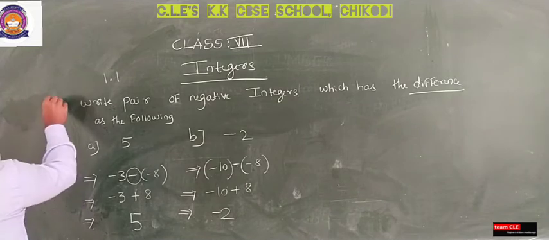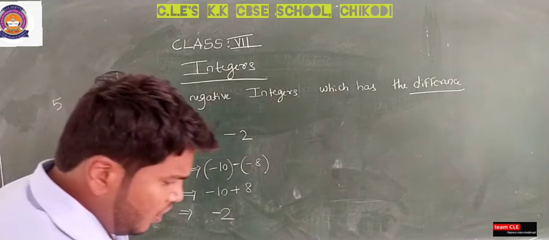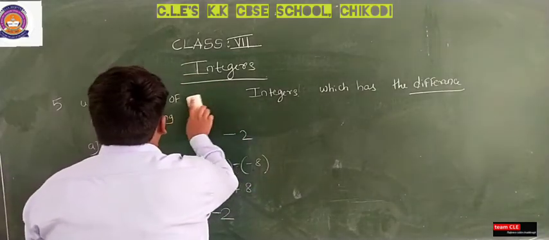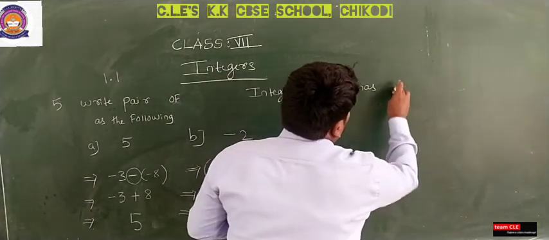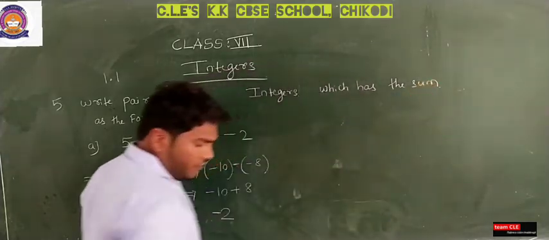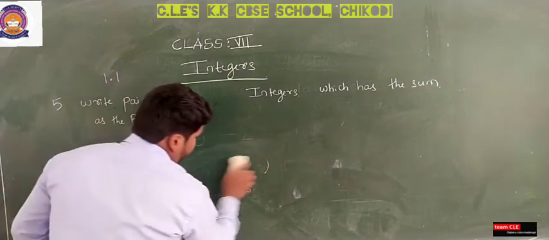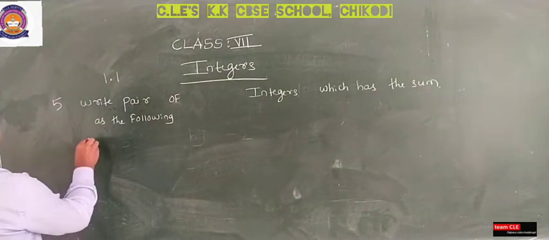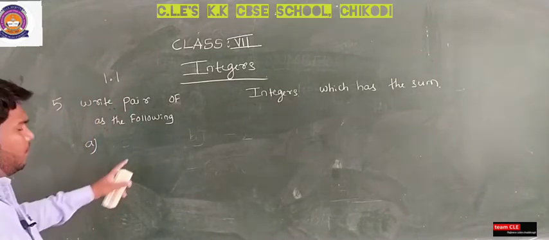Now I am going to solve the fifth question. Write a pair of integers which has the sum as the following.